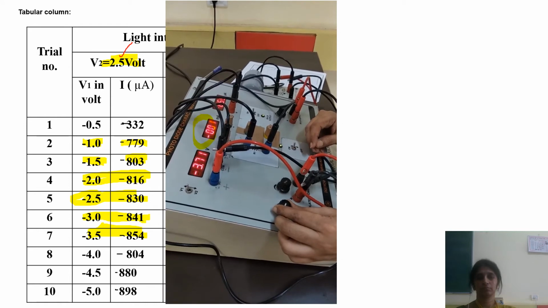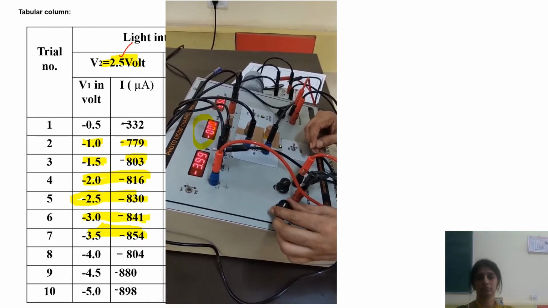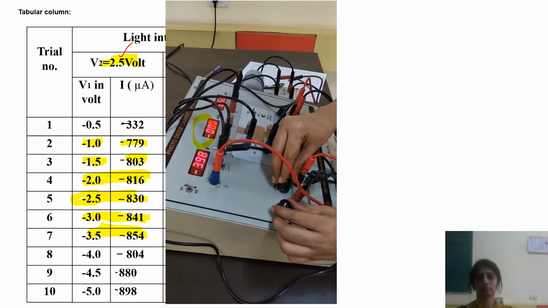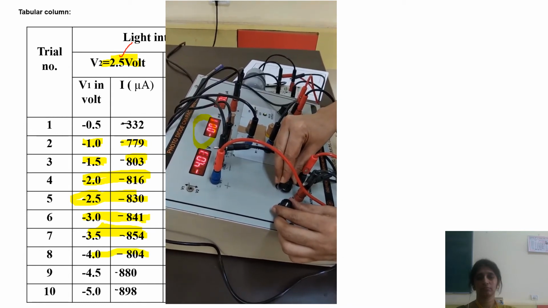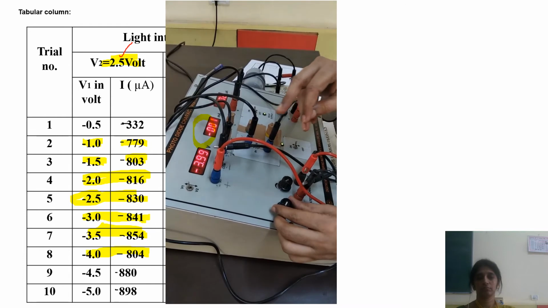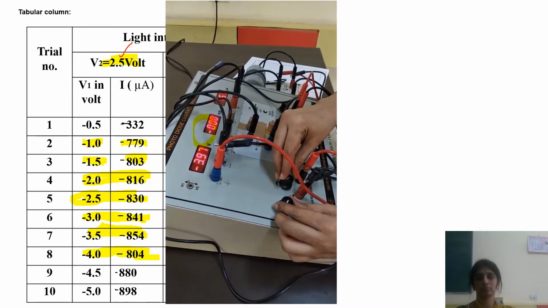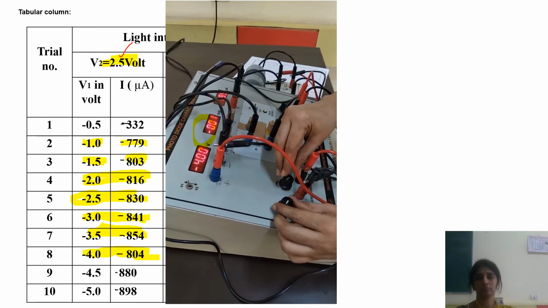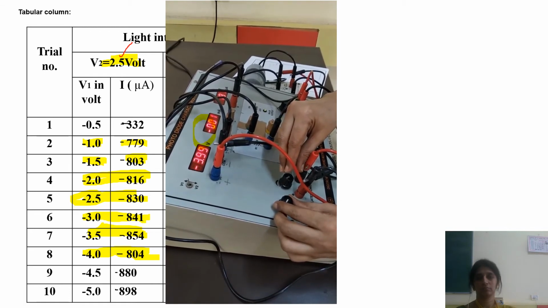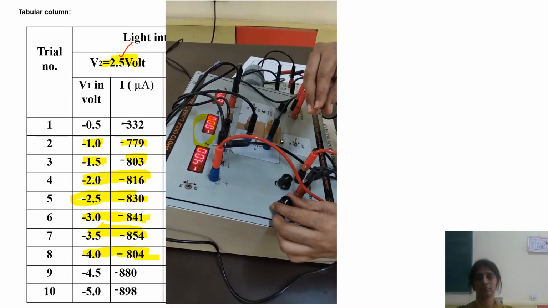Next, bring it to 4. For 4 volt, the current appears to be 804.